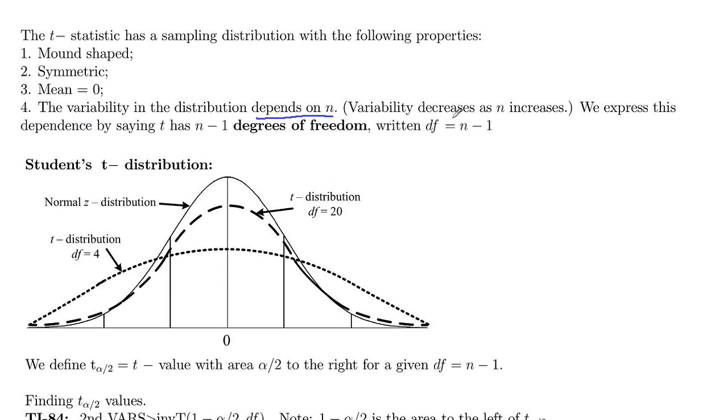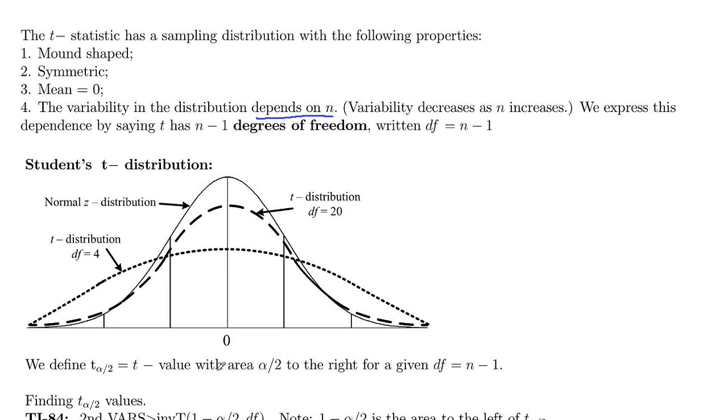The variability decreases as n increases. So this ends up giving better results than using the Z distribution for confidence intervals. We express that dependence by saying that the T value has n minus 1 degrees of freedom, and we'll write that as df equals n minus 1. So degrees of freedom are 1 less than the sample size.